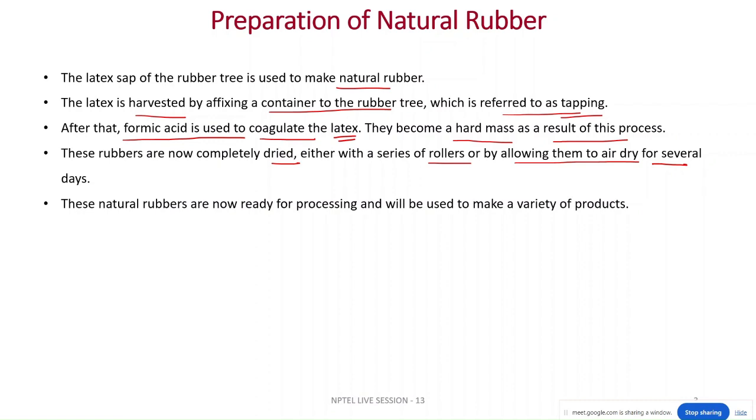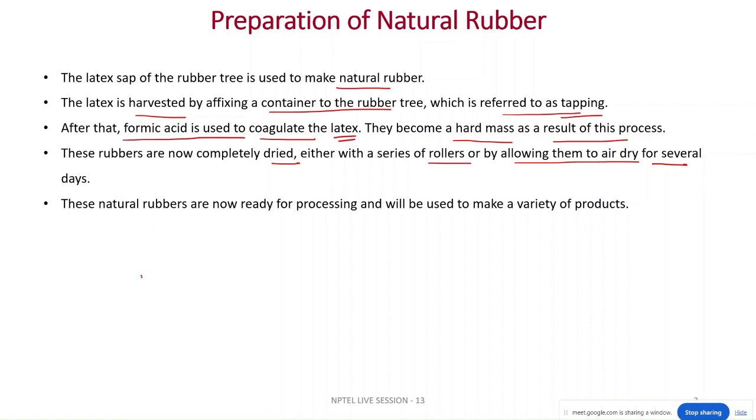For example, polyisoprene is naturally occurring. We don't have to do the polymerization; these are naturally occurring polymers.